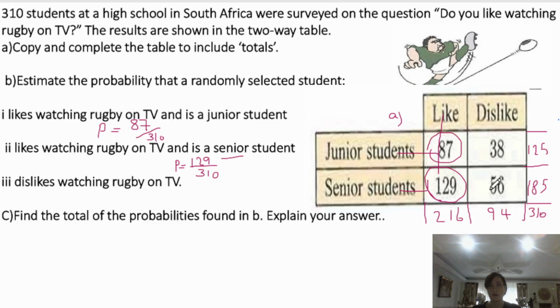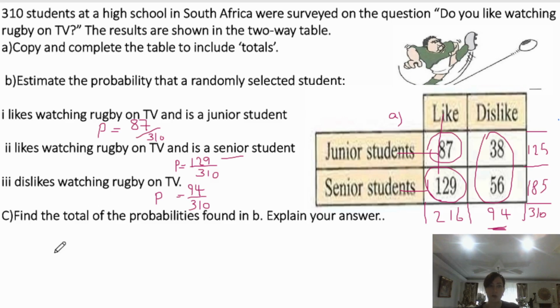All the favorable outcomes are all the outcomes from column 2, which is 94. 94 would be my favorable outcome, dislike watching rugby on TV, doesn't matter junior or senior. So over 310, all the possible outcomes. Anyway, we are done for part B.